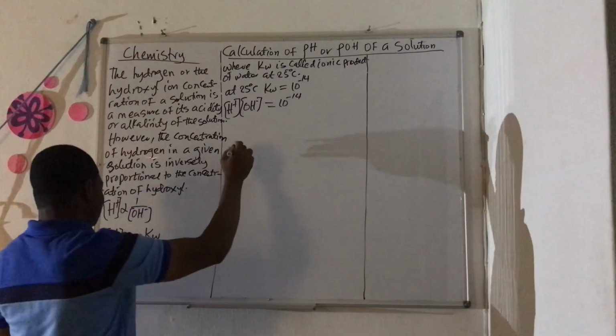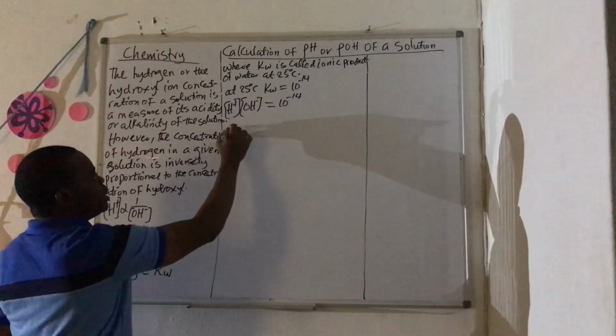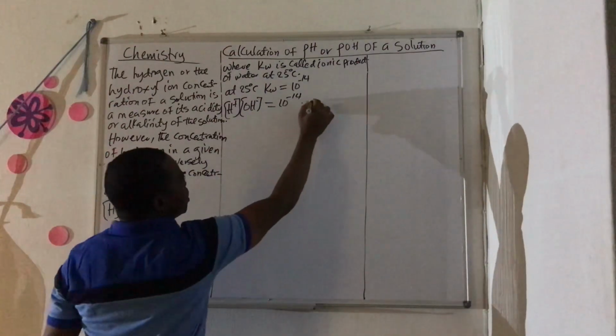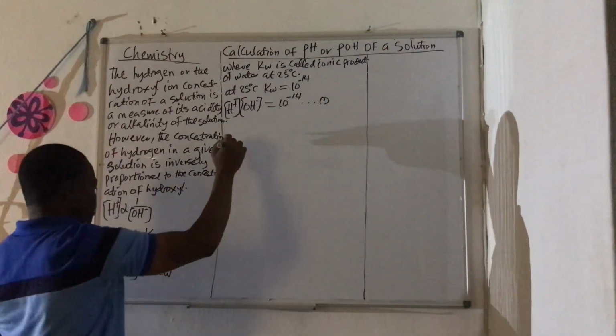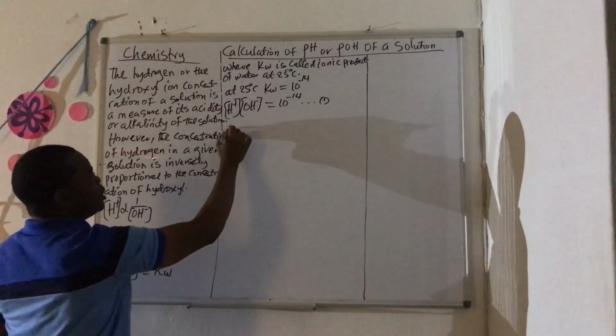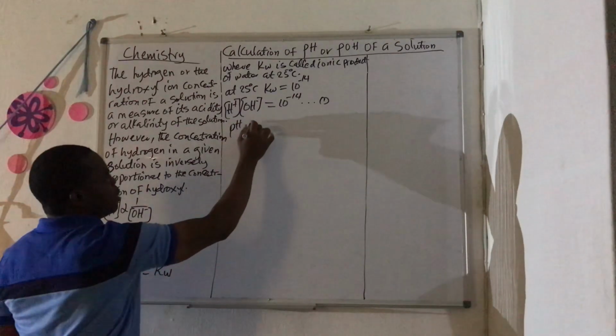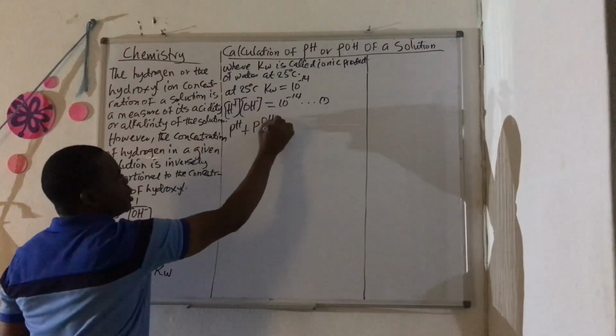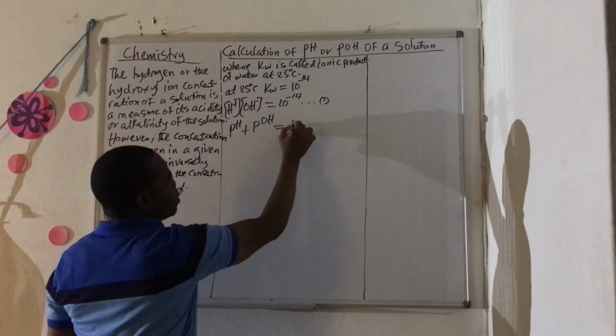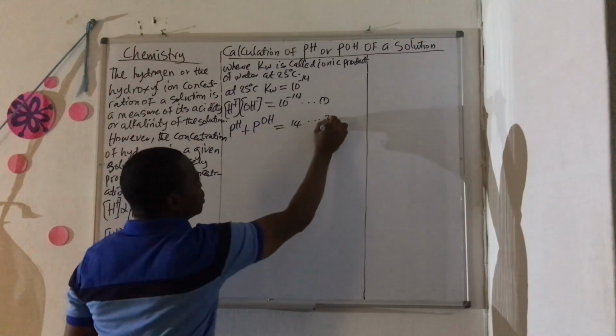This will be called equation 1. Equation 2 gives us the pH of a solution plus the pOH of a solution is equal to 14.